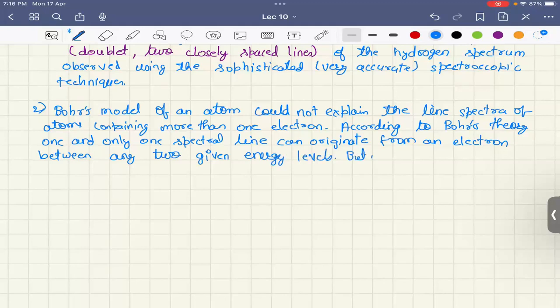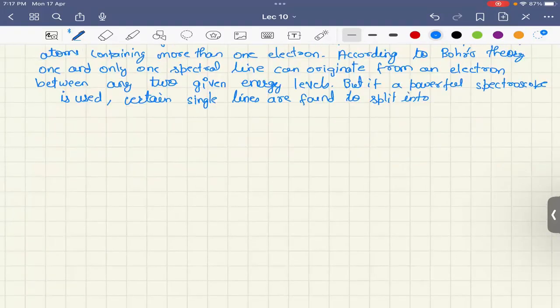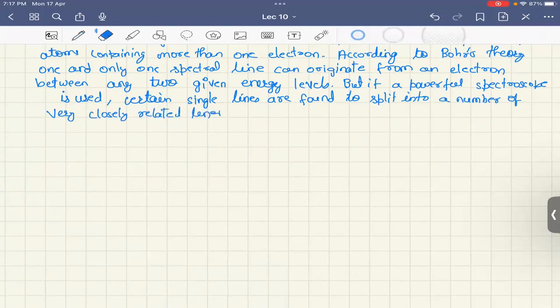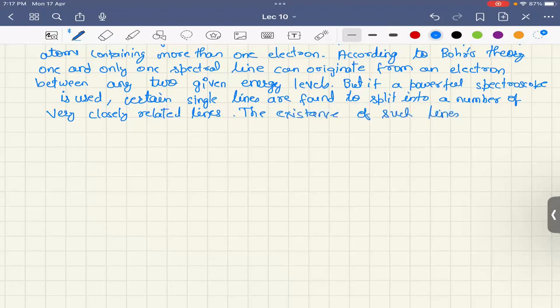But if a powerful spectroscope is used, certain single lines are found to split into a number of very closely related lines, right? The existence of such lines could not be explained on the basis of Bohr's theory.